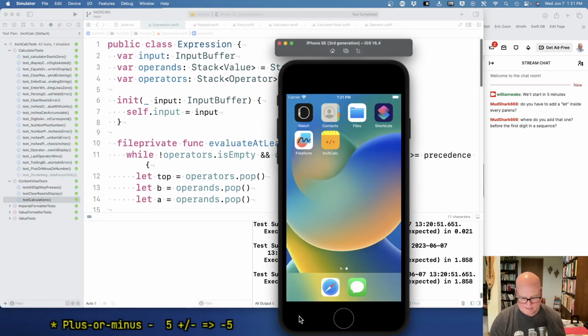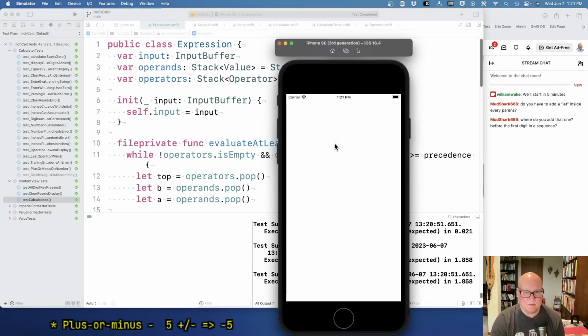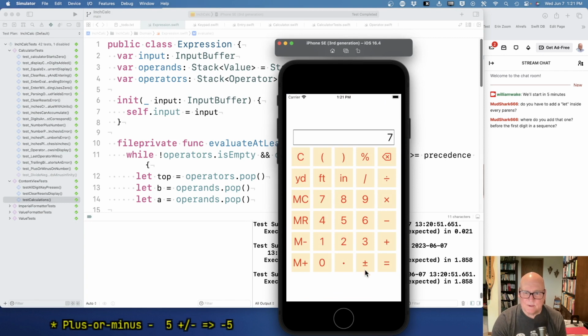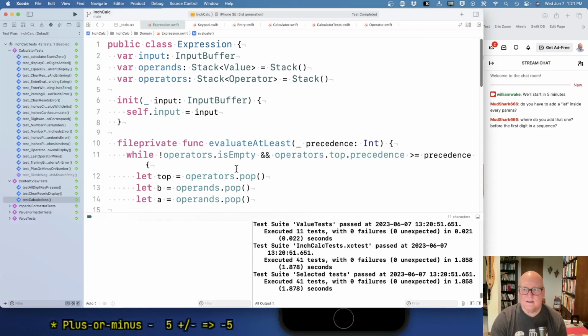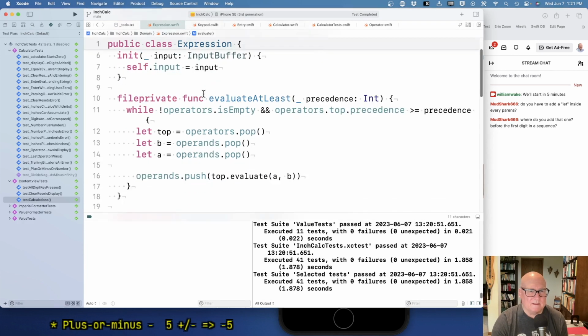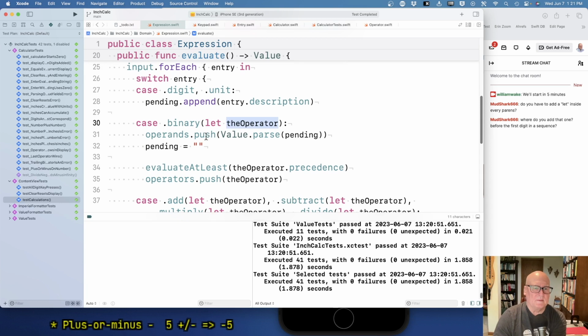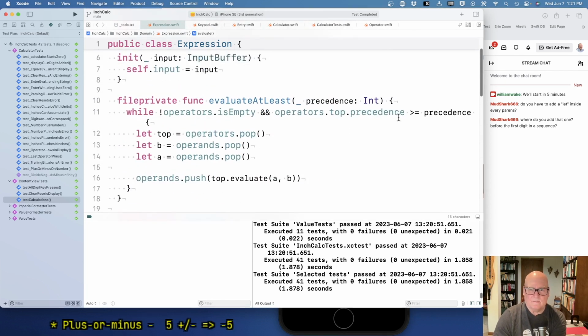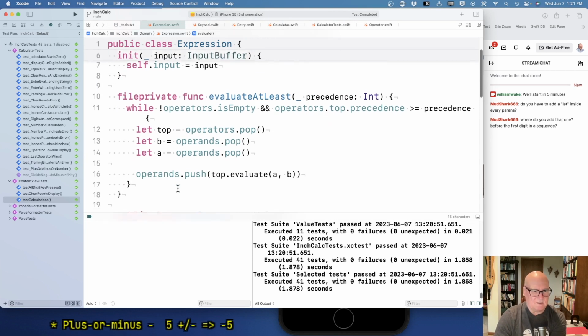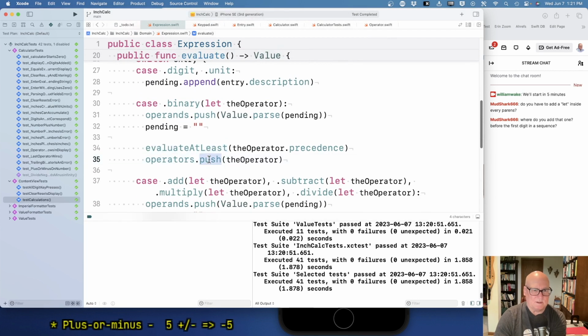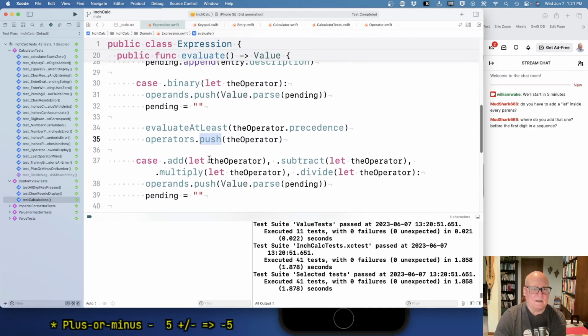Okay, so according to that, this should work. 7 plus or minus, oh, it's not attached. Okay, equals. All right. I'm puzzled. Okay, so evaluate at least the precedence, right? That's top has to be greater than ours. It's the highest precedence, so this does not get executed. And it just pushes the operator on the stack.